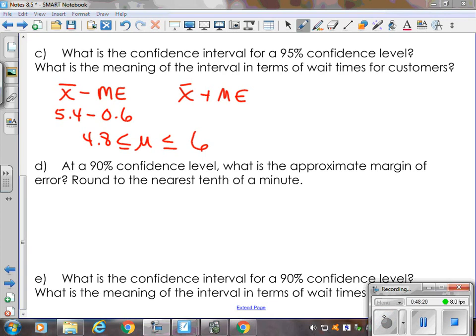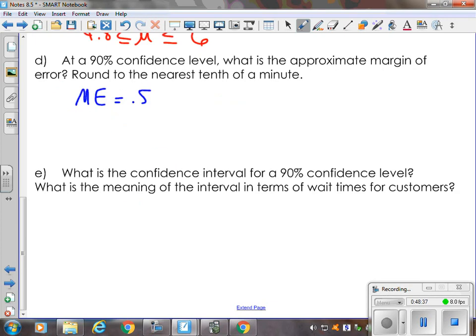So what did you get for the margin of error in Part D? 0.5. Okay, so that means I can only be off by half a minute. That means that as your confidence level gets to smaller percentages, the error gets smaller because you're multiplying by a smaller z-value, which means you can't be off as much.